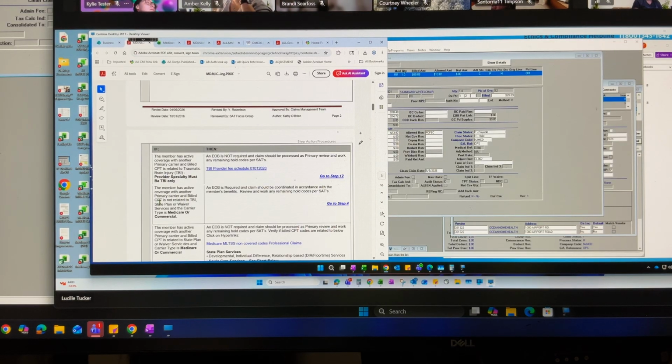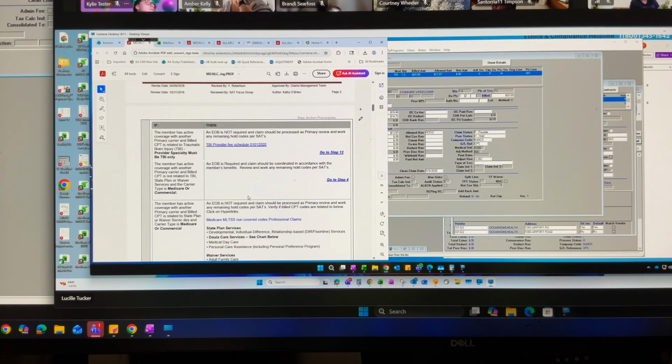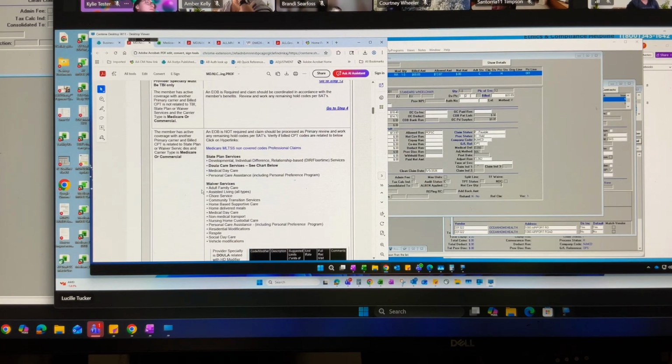The billed CPT code is not related to TBI or a state waivered service, and the carrier is Medicare or Medicaid. So what they're talking about state waiver services is there are specific services that the state allows to be covered without an EOB, okay? So if there is an EOB attached, we would go ahead and apply it. But if there isn't one, we would pay these as prime. So this is another link.